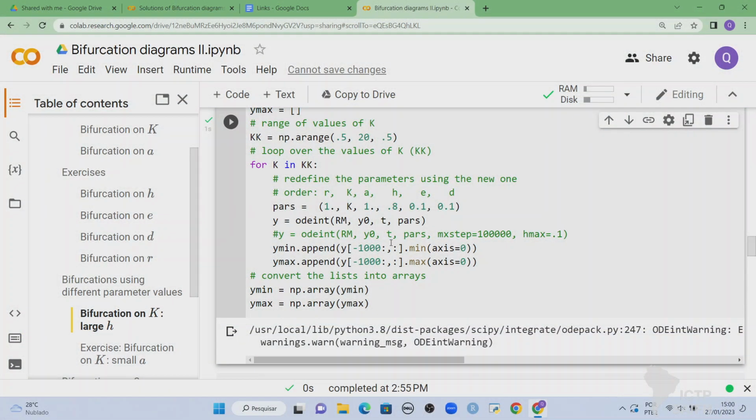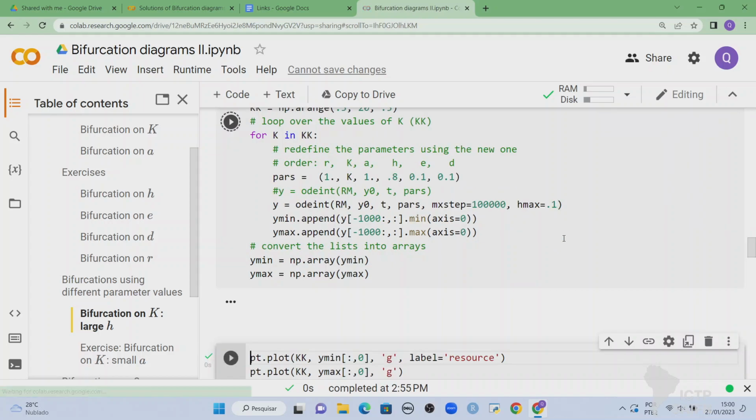I had commented here something that I tested and it worked. I increased MS step to 100,000 and HMAX to 0.1.